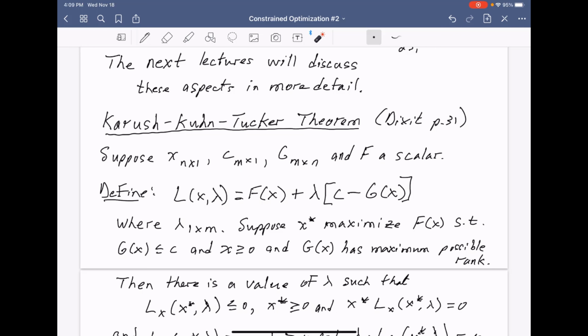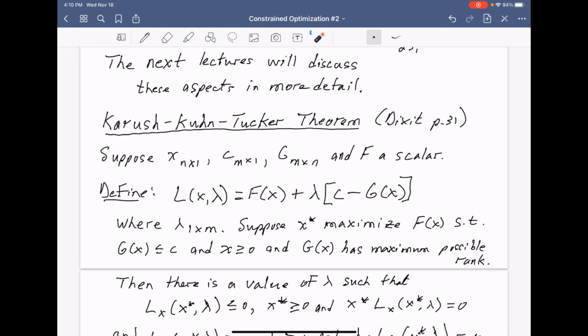And we suppose that x is a vector of n by 1, c is a vector m by 1, G is a matrix, m by n, and f turns out to be a scalar. We define the Lagrangian as a function of x and lambda equal to f of x plus lambda times c minus g of x as normal, where lambda is a 1 by m vector.